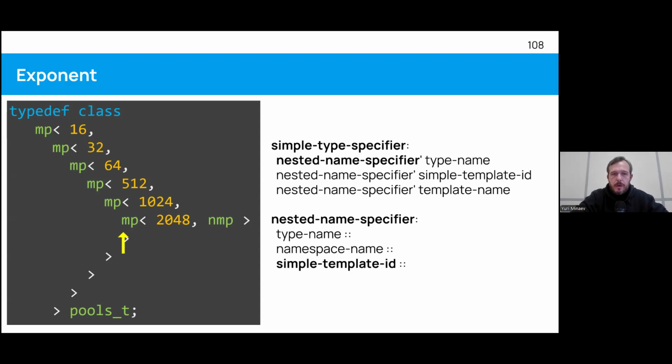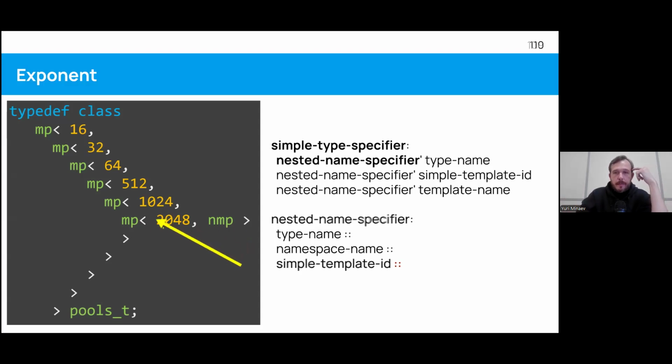But remember, we are inside the nested name production. And what happens is we parse a simple template ID, but the nested name specifier requires 2 colons at the end. And we don't have those. So it's a backtrack because we have a template ID, but we do not meet the criteria for nested name.